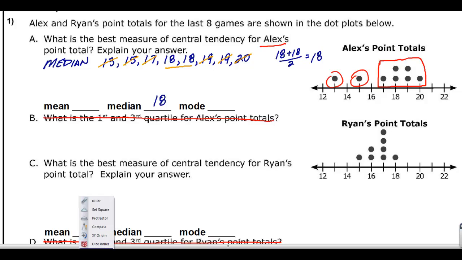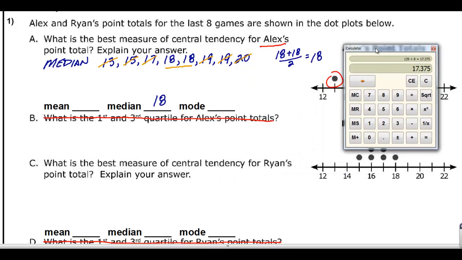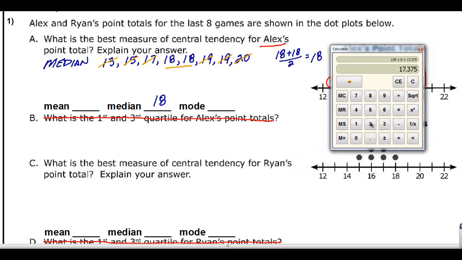Our mean for this data, let's grab our calculator here. Our mean is calculated by adding all of these numbers together and then dividing by 8, since there are 8 numbers. So we're going to add 13 and 15 and 17 and 18 and 18 again.